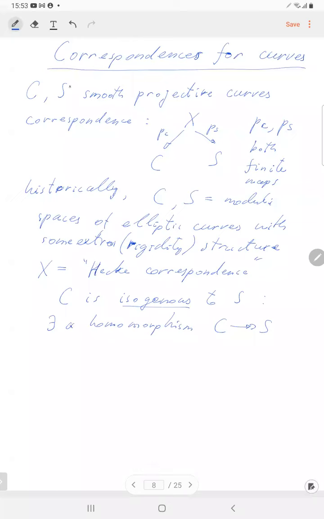So there may be many curves T that are isogenous to S, and many curves S isogenous to C.